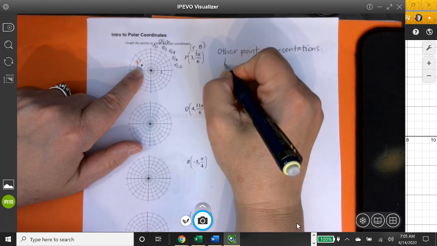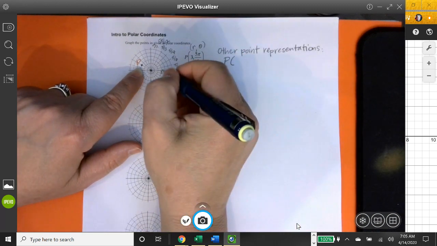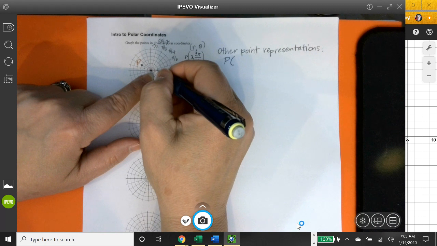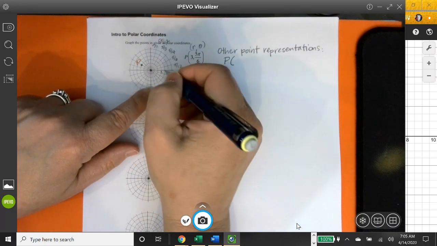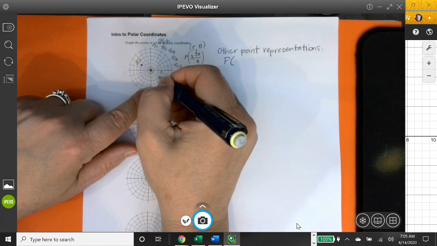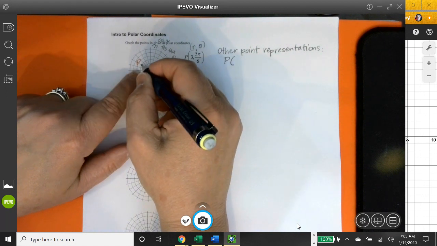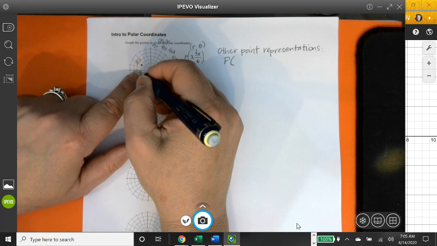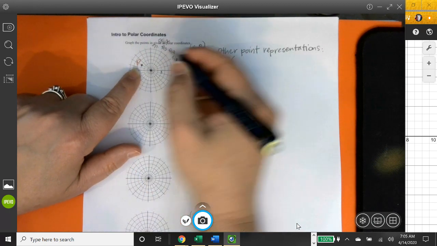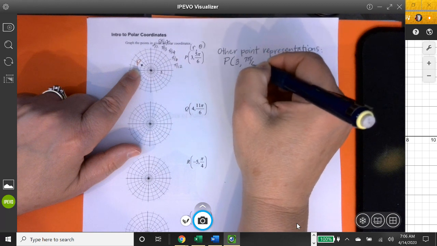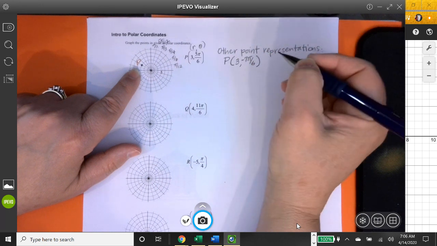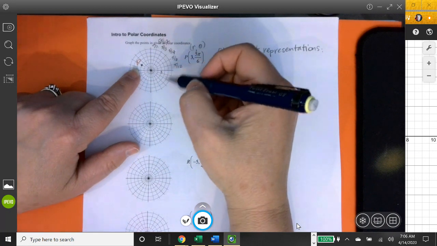So P could also be, what if I rotated out positively 3 and then rotated the other direction? Well, this would be 3, and I rotate to not 5 pi over 6, but I rotate to 7 pi over 6. So this would be 3 comma 7 pi over 6, but it has to be negative because I have rotated clockwise.